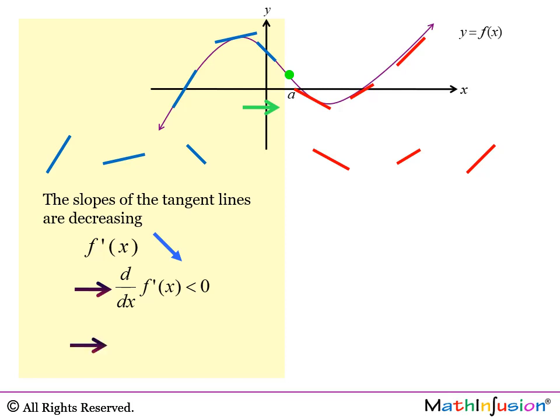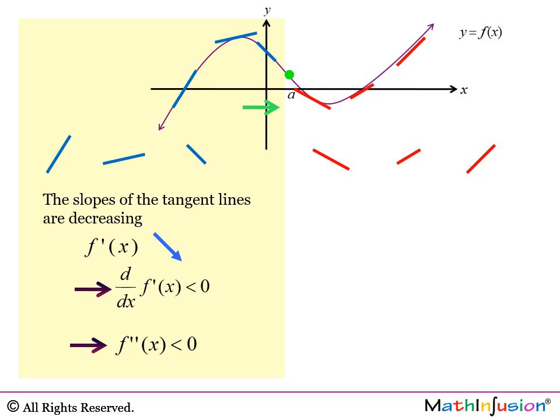But the derivative of the first derivative is the second derivative. And we get that when the slopes of the tangent lines are decreasing, the second derivative of the function has to be less than 0. But we can also observe that this happens when the graph is concave down.